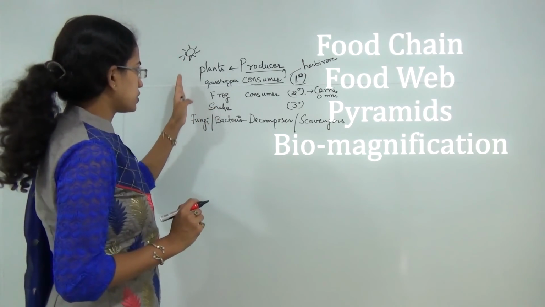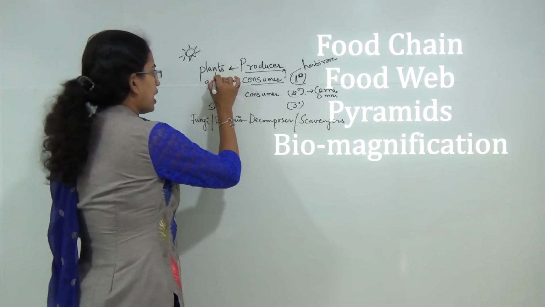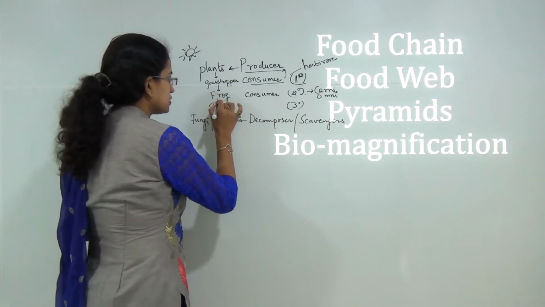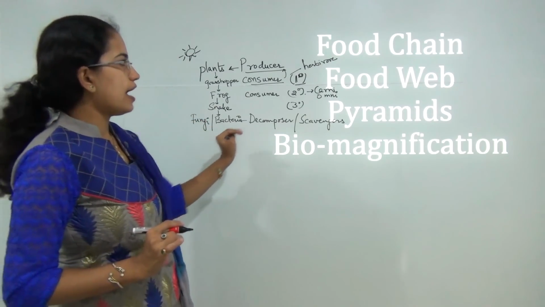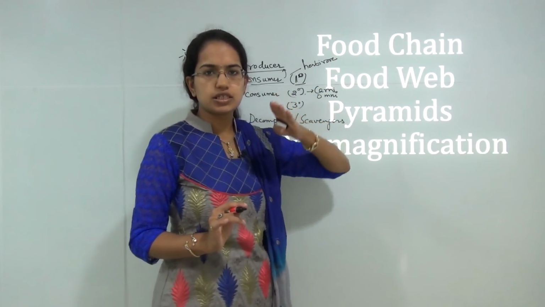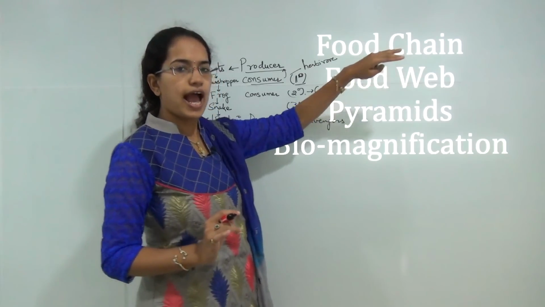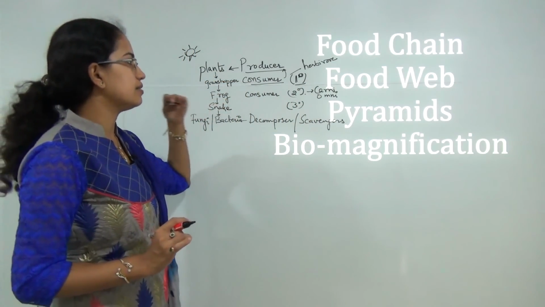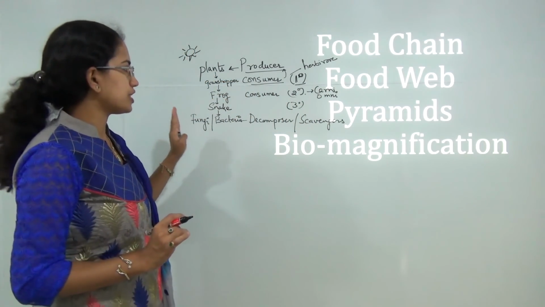So as you can see, what is formed here is a kind of chain, and this is what is known as the food chain. So in an ecosystem you have certain relationships or interactions between one species and the other, and that is important to maintain the balance of the ecosystem, and this is what is known as the food chain.